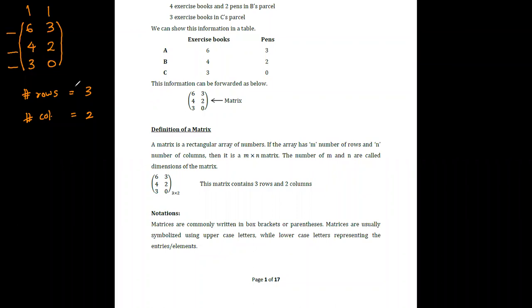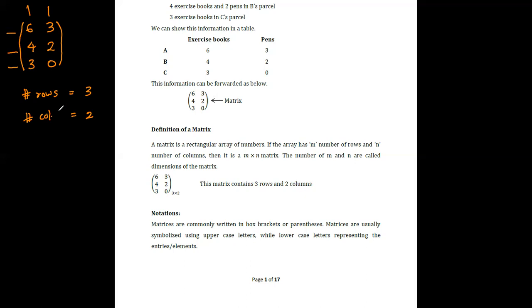Therefore, in general, we can say that a matrix is a rectangular array of numbers. If the array has m number of rows and n number of columns, then it is said to be an m by n matrix. Without using m and n, if I use these numbers, we can see that there are 3 rows and 2 columns.